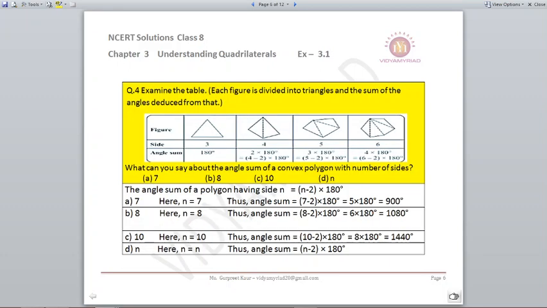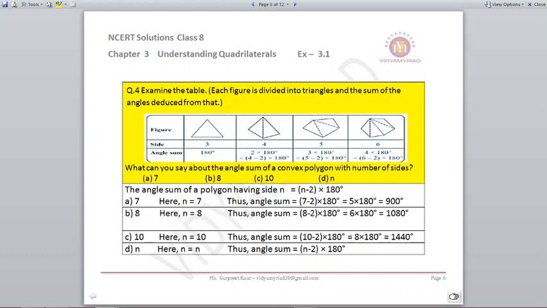Question number 4. Here a table is given to you, which is divided into triangles. We already know the angle sum property of a triangle is 180 degrees, and it is made up of three sides. When the sides become 4, 5 or 6, we can find the angle sum property of those also by using a formula.